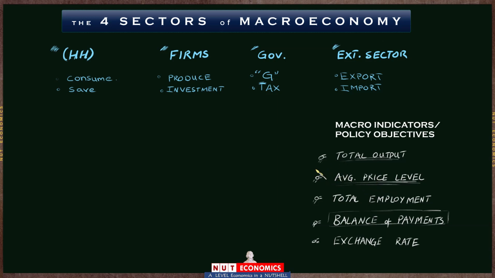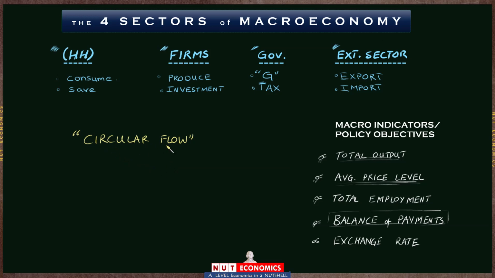To make sense of all of those things and to start building an analysis of the macroeconomy, we first of all will start off in the next video by introducing something known as the circular flow of the macroeconomy. The circular flow of the macroeconomy is not a model, but it's basically a theoretical way of visualizing and understanding how these four different sectors of the macroeconomy interact with each other.